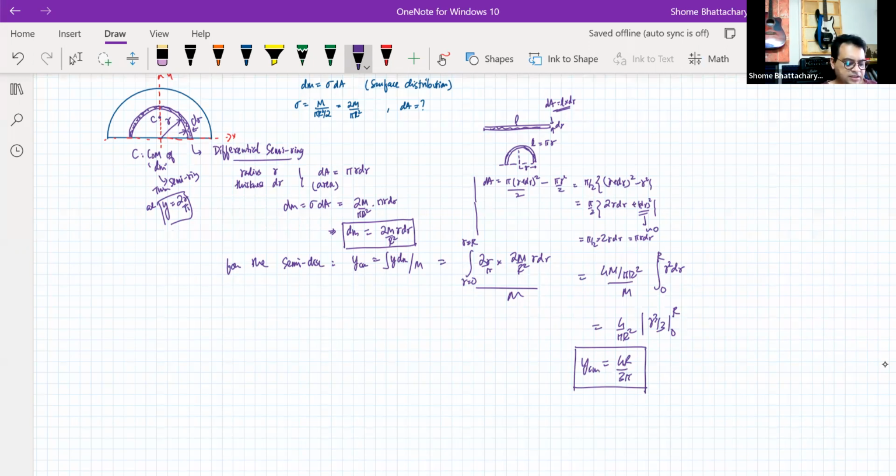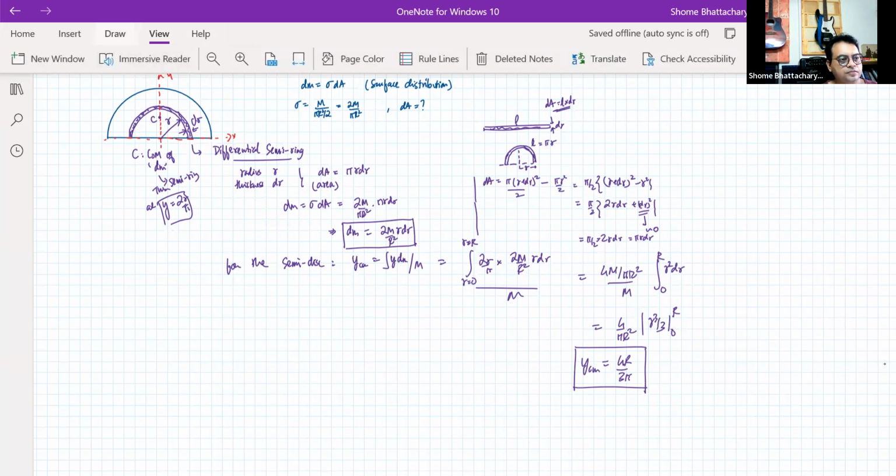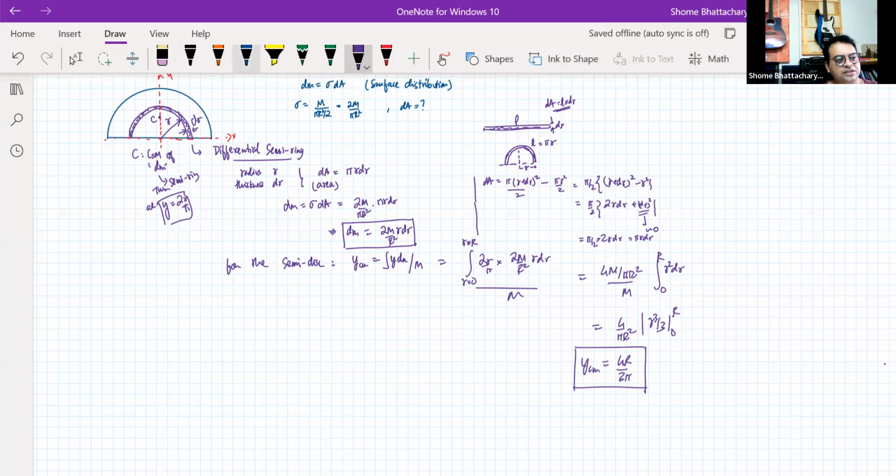Okay, so this is an example of a surface distribution. Now, like I was telling you, alternately, we can also use the horizontal differential strips as the elements for integration. Instead of this method, you can also do this. You can slice the disk into thin horizontal rods like this.